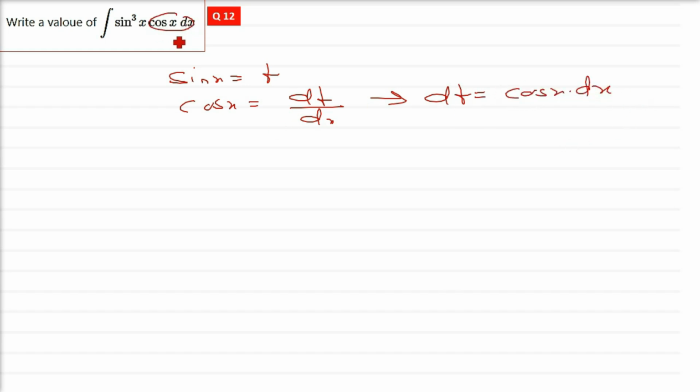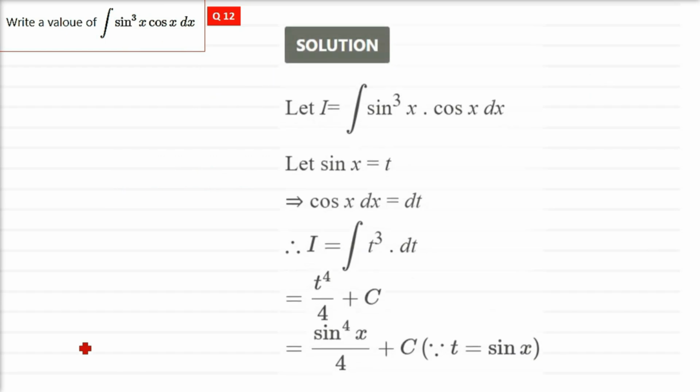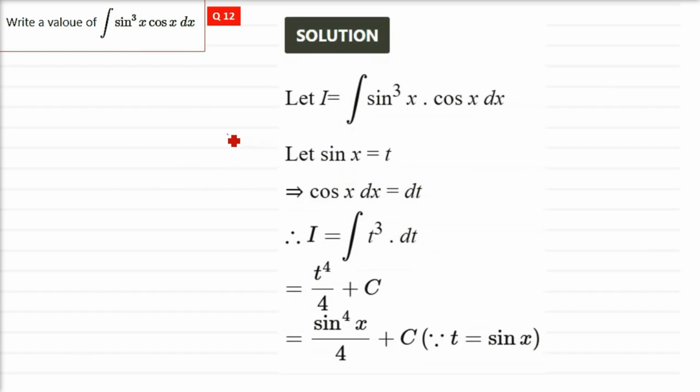So from here to here we'll put dt, and sin x is t, so t cube it will be. So the integration will be equal to t cube and then dt. So this can be integrated, t raised to 4 divided by 4 plus constant of integration. t was taken as sin x, so it will be sin raised to 4 x divided by 4 plus a constant of integration.